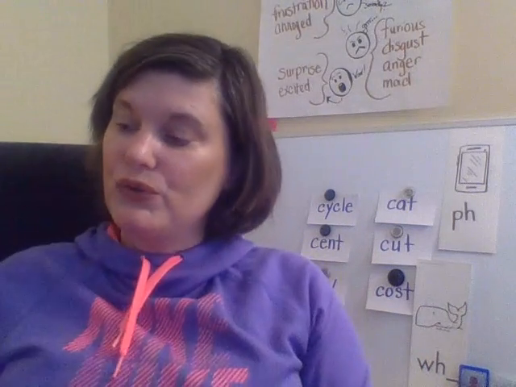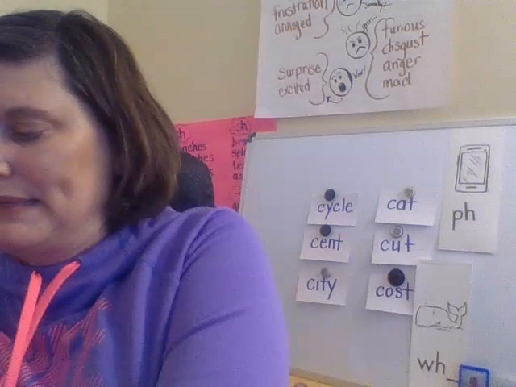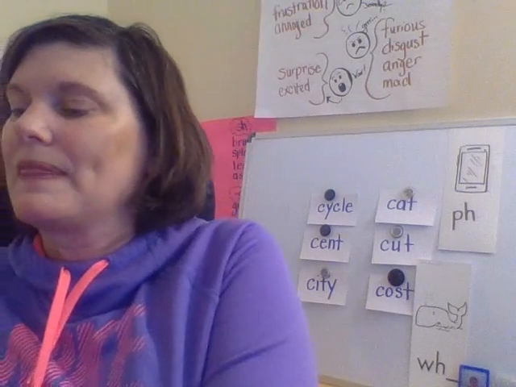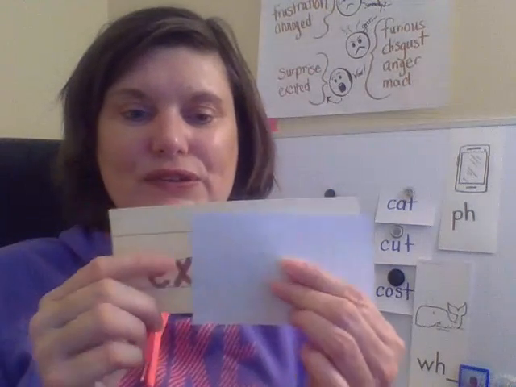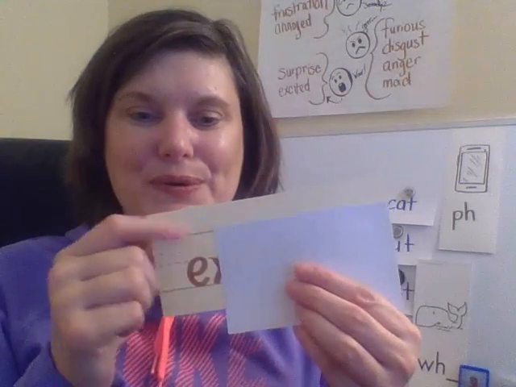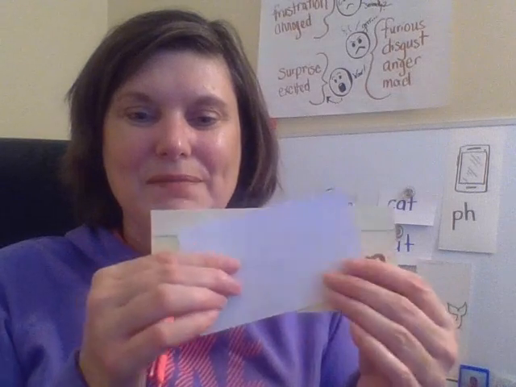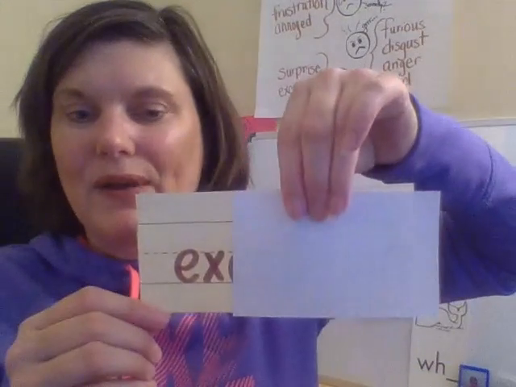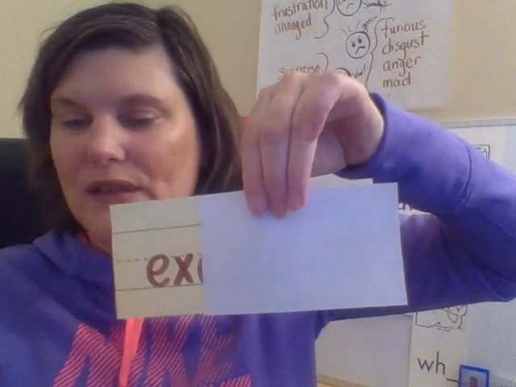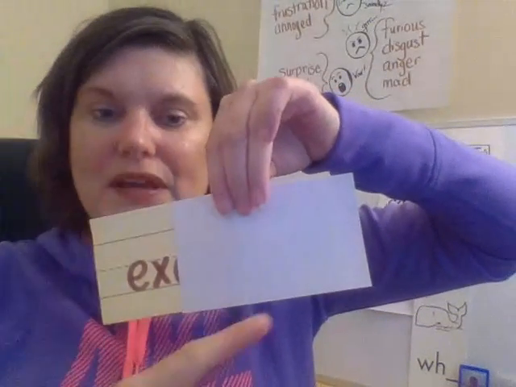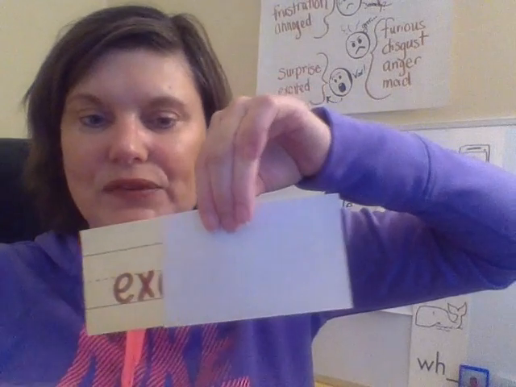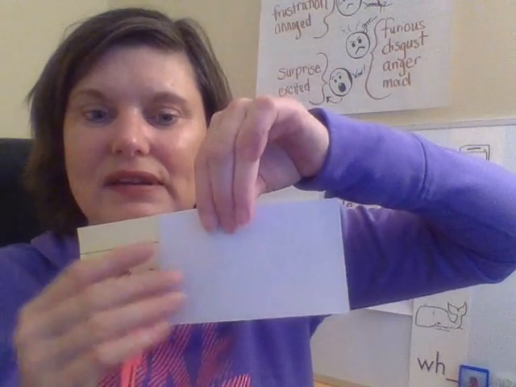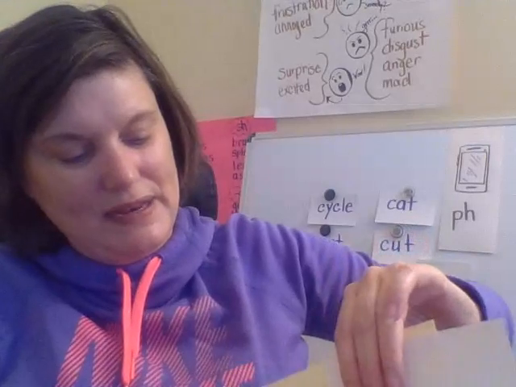Okay, the next thing we're going to do is read some words syllable by syllable. All right. So we know right here, if I can get my card to go the right way. Here we go. Okay, so let's look at this syllable. This would be a closed syllable because we have a consonant after the vowel. So we know this is going to say X. Okay, now let's look at the next syllable.